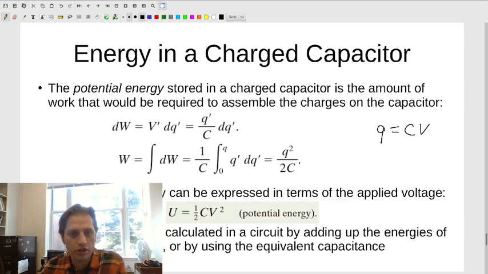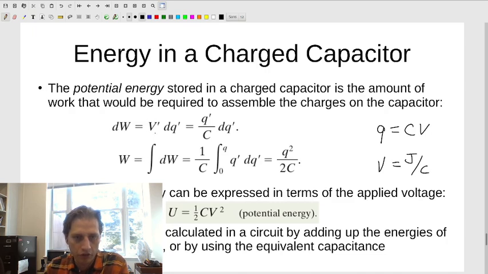So here's our deal. Remember, the amount of energy that you put onto a capacitor depends on the potential times the charge. Remember, V has units of joules per coulomb. So if we're just putting in a little bit of charge, we can take whatever voltage we have at the moment and then add that little bit of charge.